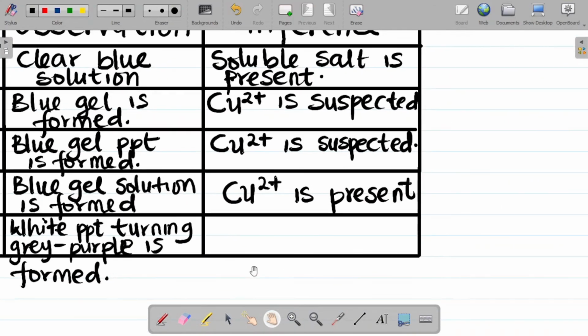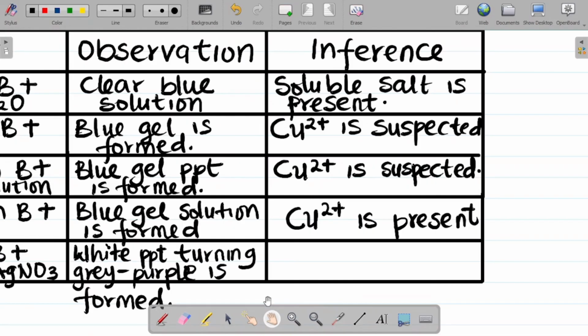From here, we can infer that what should be here is actually chloride ion. This shows that chloride ion is present. So with this, I'm done with this one here.